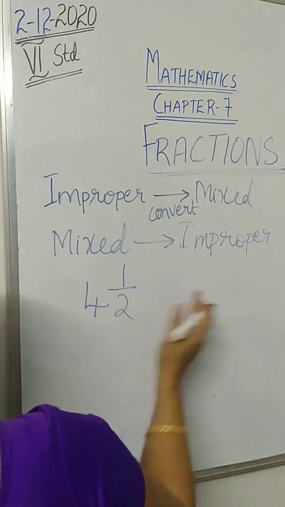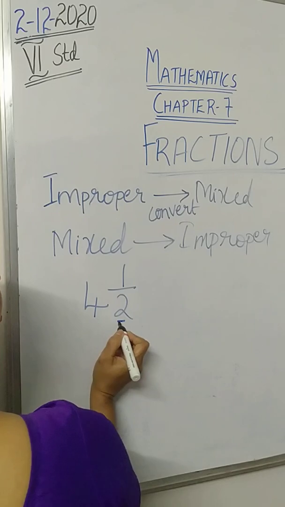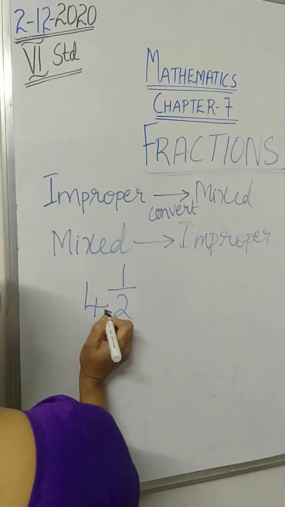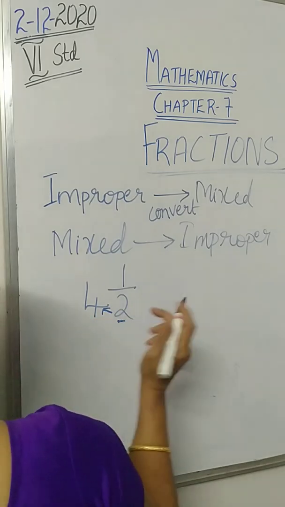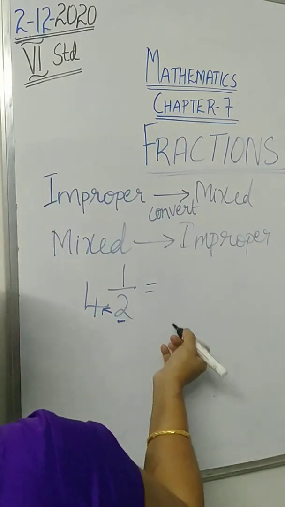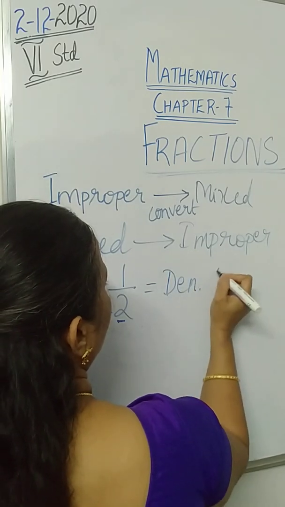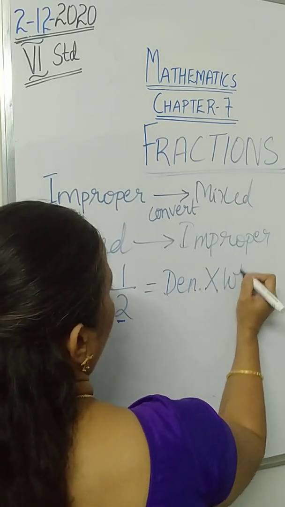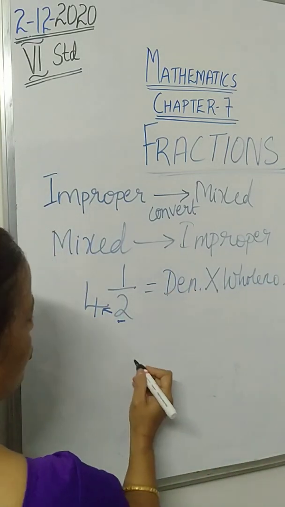Now when we have to convert this mixed to improper, we will start from here. That is, we will multiply the denominator and the whole number, whatever the order is. Denominator into whole number. So, the denominator here is 2.